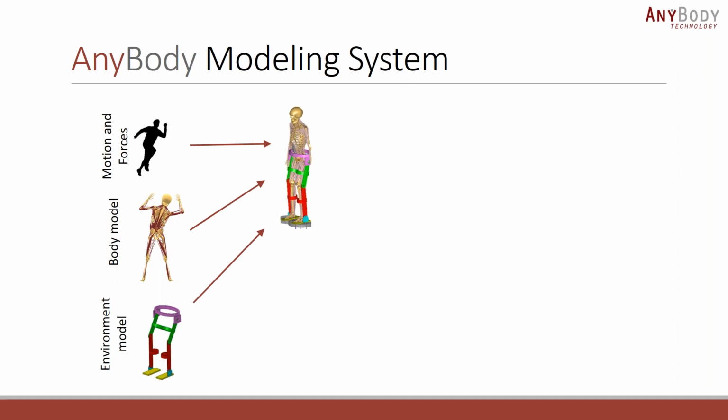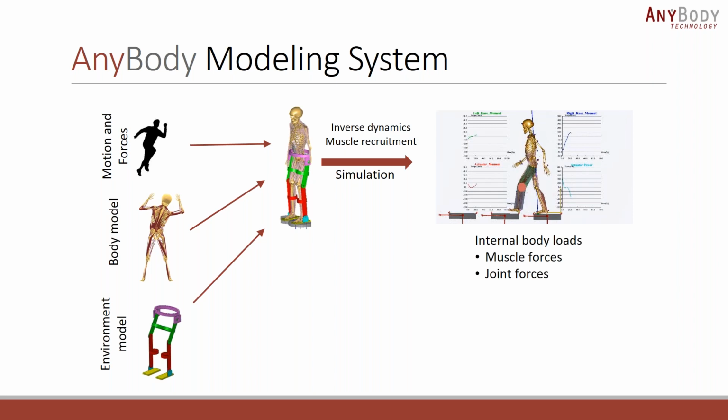And you combine all three of these into a single man-machine model and then run an inverse dynamic simulation. This is the class of simulations that Anybody runs. And this has a muscle recruitment algorithm, which essentially gives you the instantaneous values of your different body loads, such as your muscle forces and your joint reaction forces.